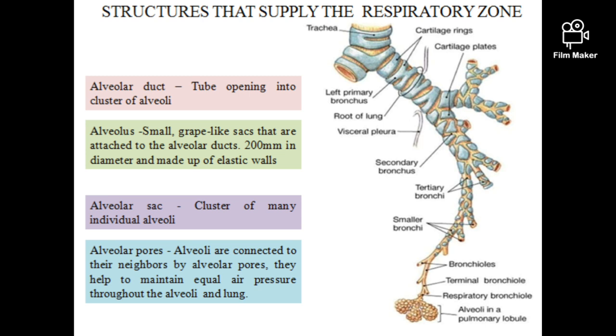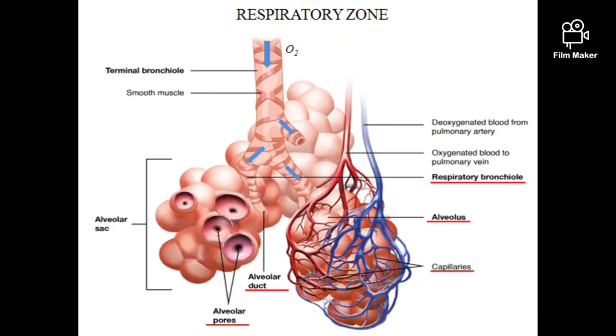So, what is an alveolar sac? A single unit is called an alveolus, and a cluster of many individual alveoli together is called the alveolar sac. So, what is an alveolar pore? Many alveoli together form the alveolar sac, and there should be some communication between individual alveoli, and it is possible through the alveolar pores.